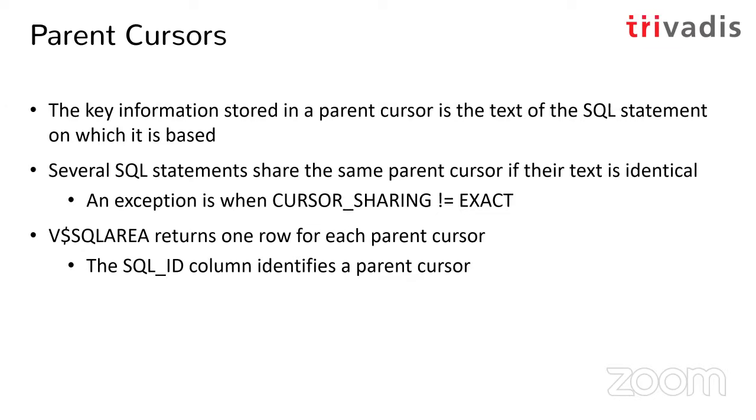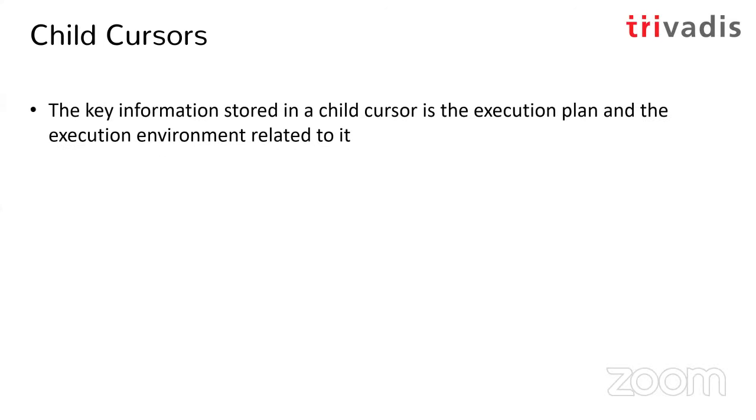Okay. Now that we have seen the parent cursor, let's check the child cursors. The key information stored in a child cursor is basically the execution plan, the information used by the database engine to know how to execute something, and the execution environment related to it. And that is very important.